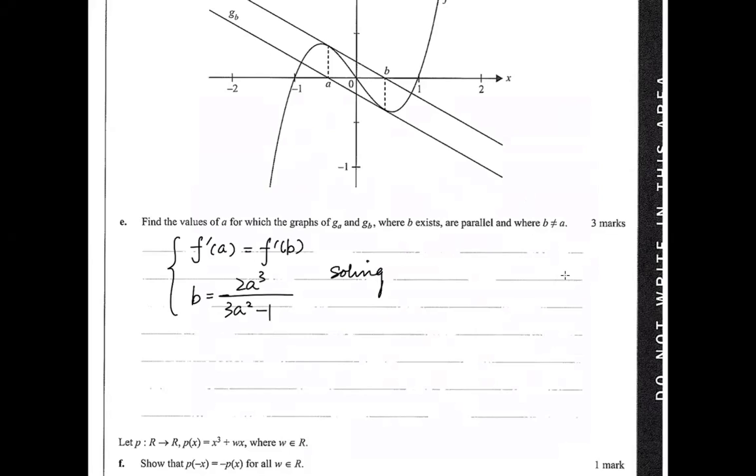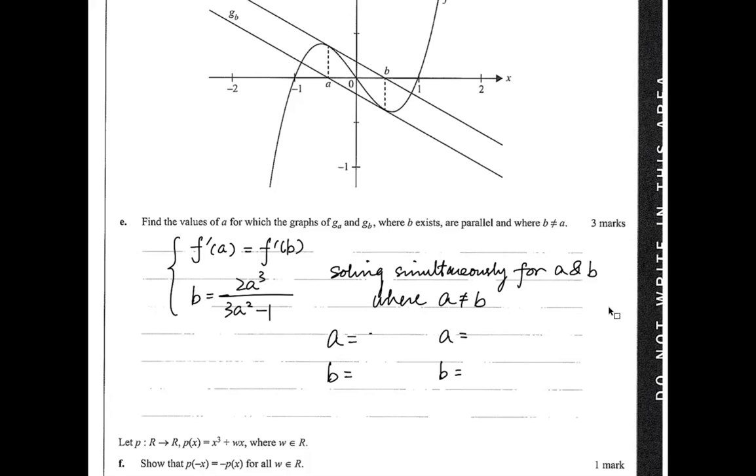Solving simultaneously for A and B, where A is not equal to B. A is, B is, A is, B is, okay? Now, minus root 5 on 5, root 5 on 5. Root 5 on 5, minus root 5 on 5. Done.